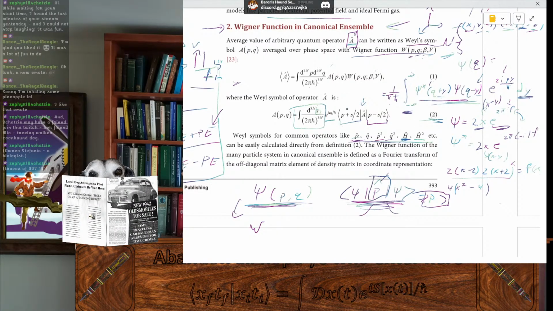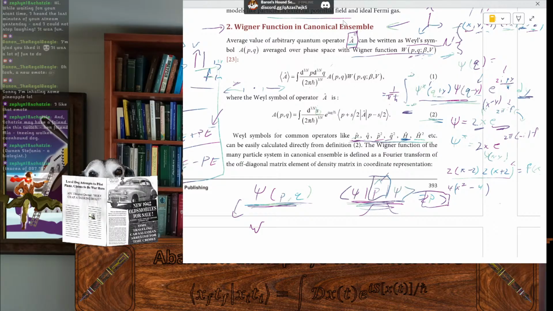So for some position p, I'm looking at minus s over 2 and plus s over 2 as I vary s, so I end up covering all of s space in this integral, which is why there's no s in the output function.